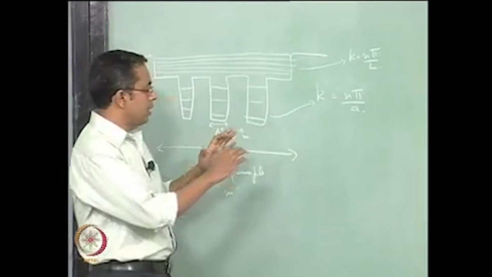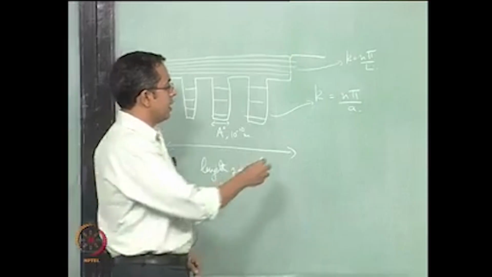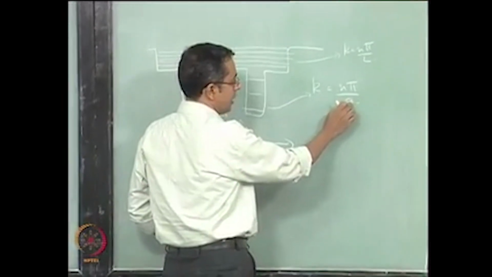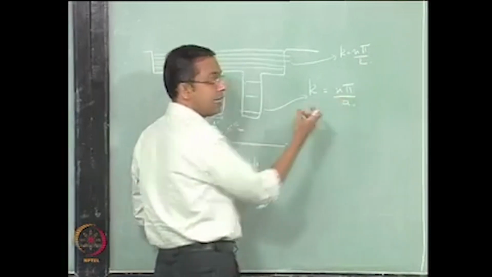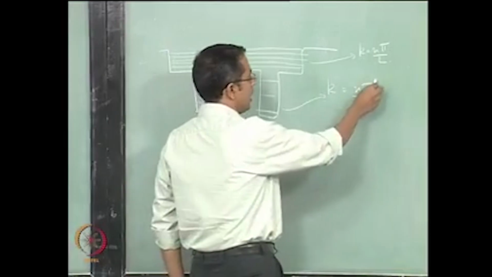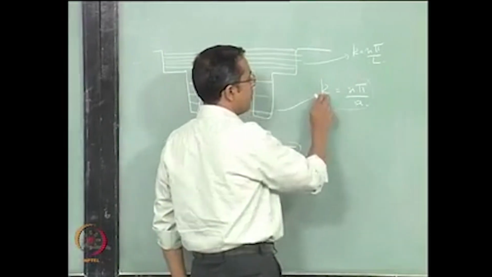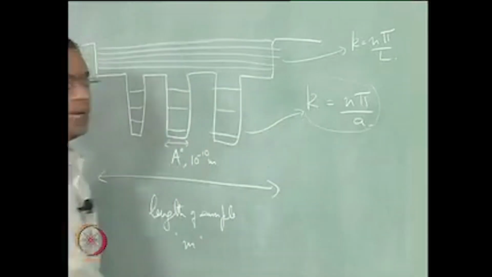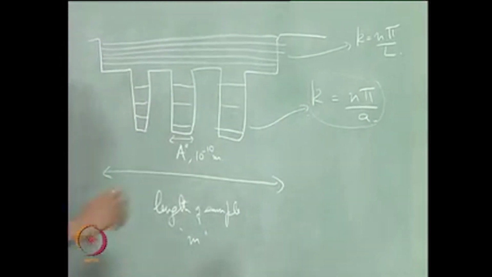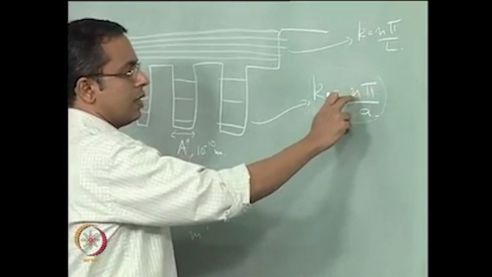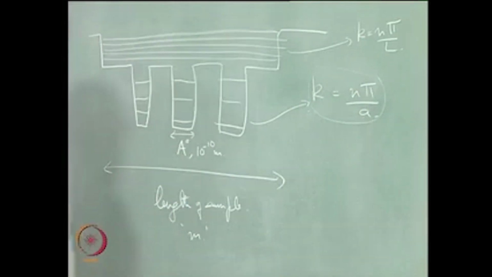When you look at the same scale, a is a very small number, and therefore 1 by a is a very large number. So the k vectors here, when you go in steps, are large. This is n times a large number, so n plus 1 times a large number would be again a large number.